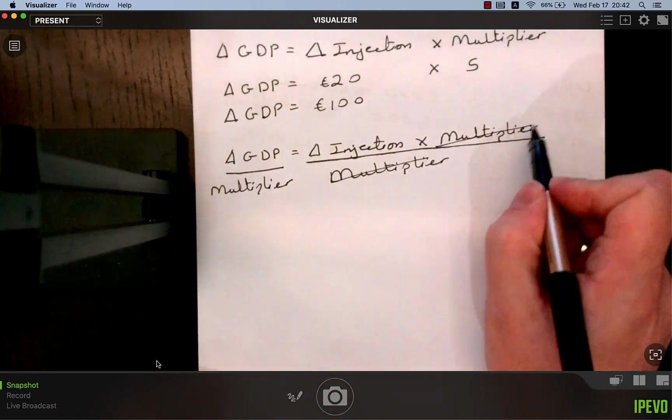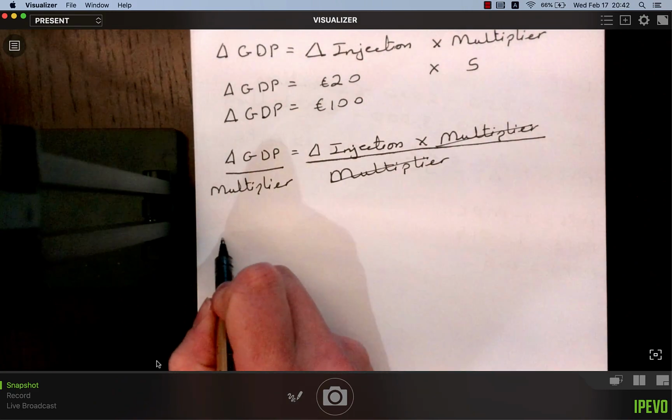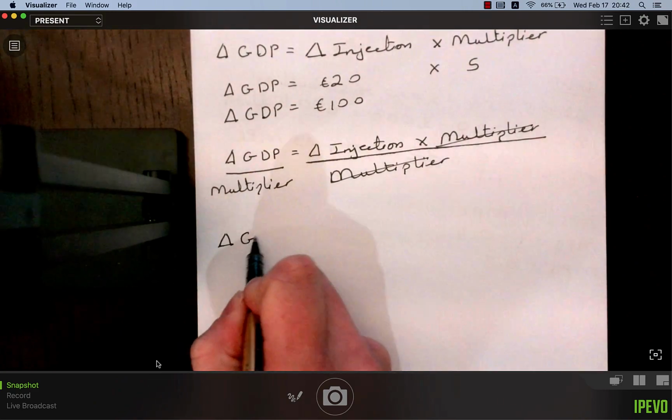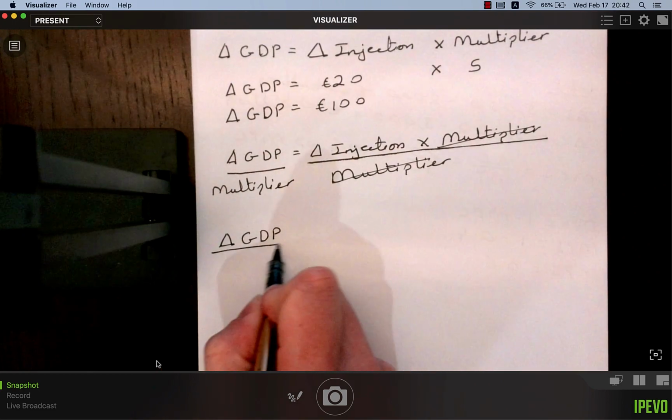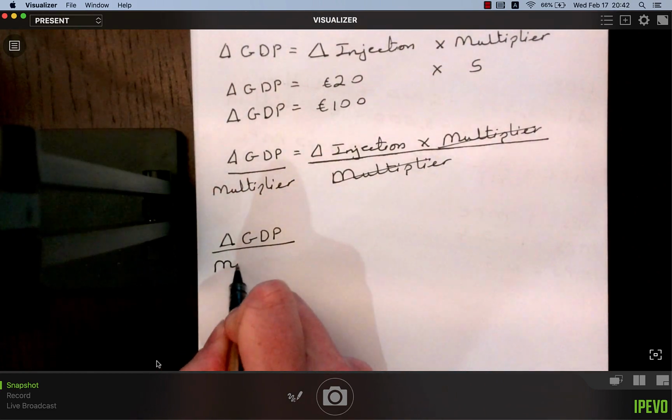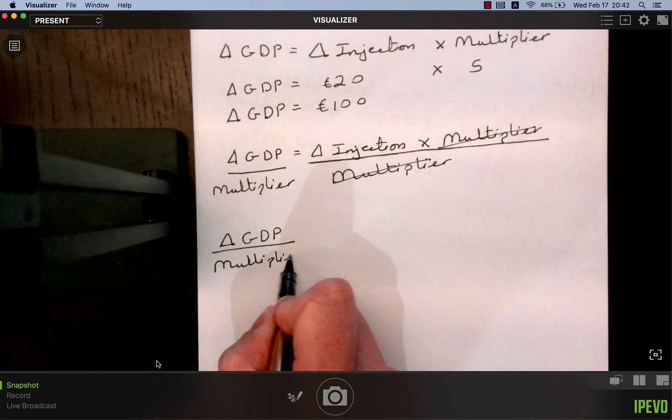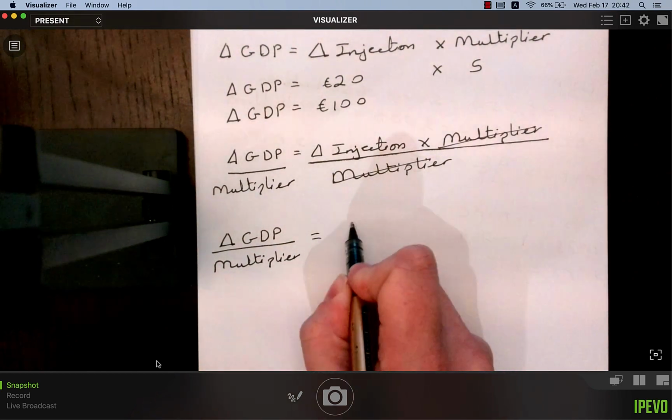So what we've got is the desired change in GDP divided by the multiplier would equal the required change in injection.